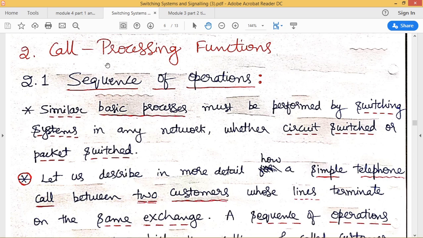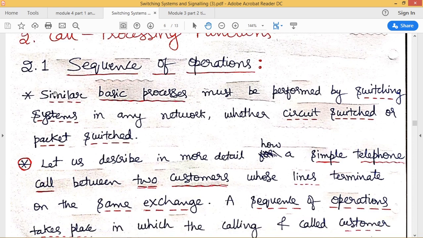How is the call placed, how is the call connected, what is the sequence of operations that are performed? We will discuss this under the heading call processing functions, that is, how the call is processed by the local exchange.